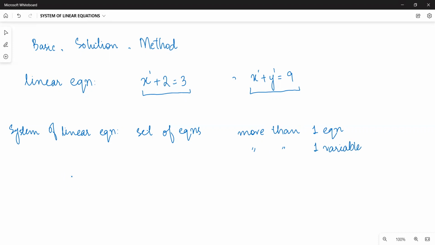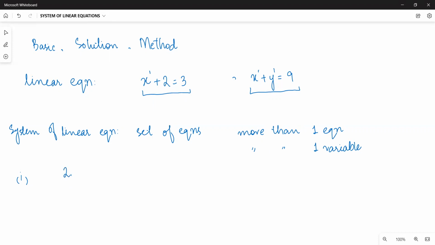Okay, suppose we have example number one. And there's one more thing, that we can use any variable that we wish to use: x, y, z, a, b, c, x1, x2, x3, whatever.